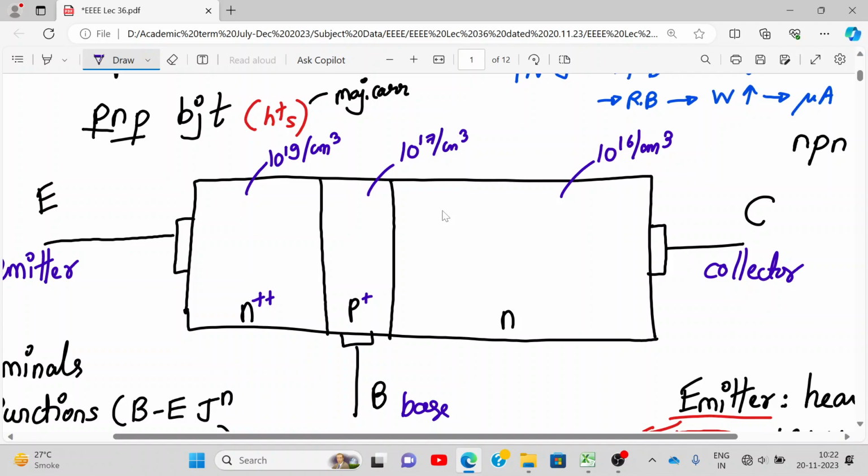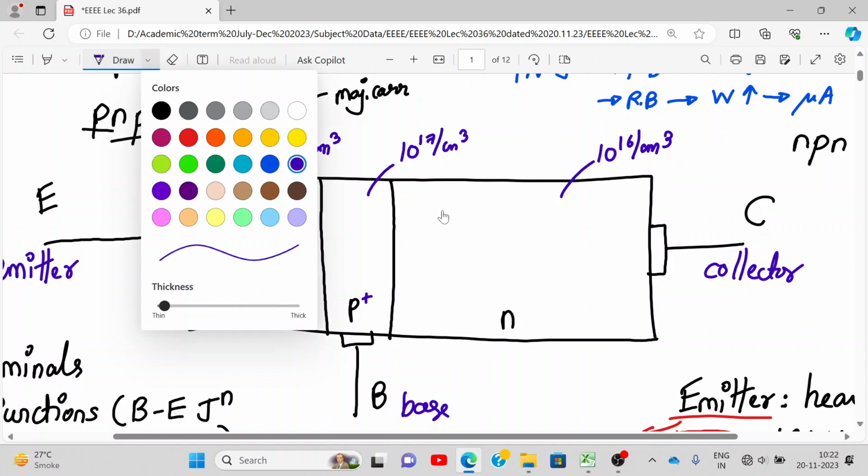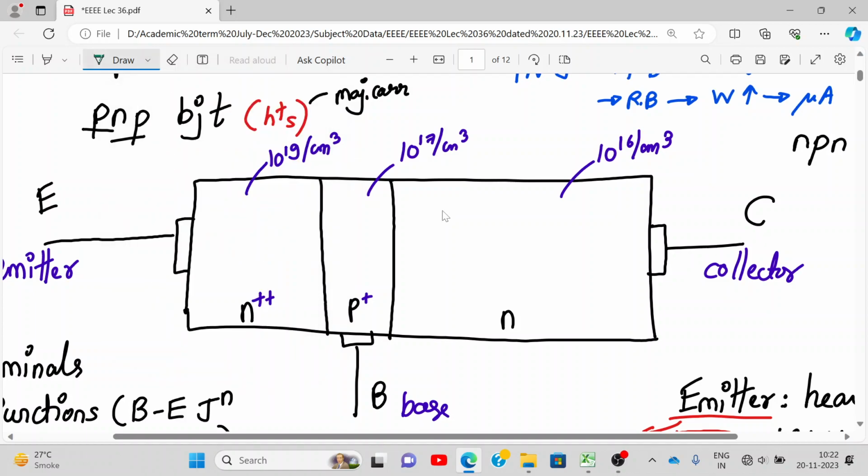So, here is my depletion layer. You know how the formation of a depletion layer is, right? So, here is my depletion layer. Okay, this is called the depletion region. And this region is called, let me just write this down, the base emitter junction.